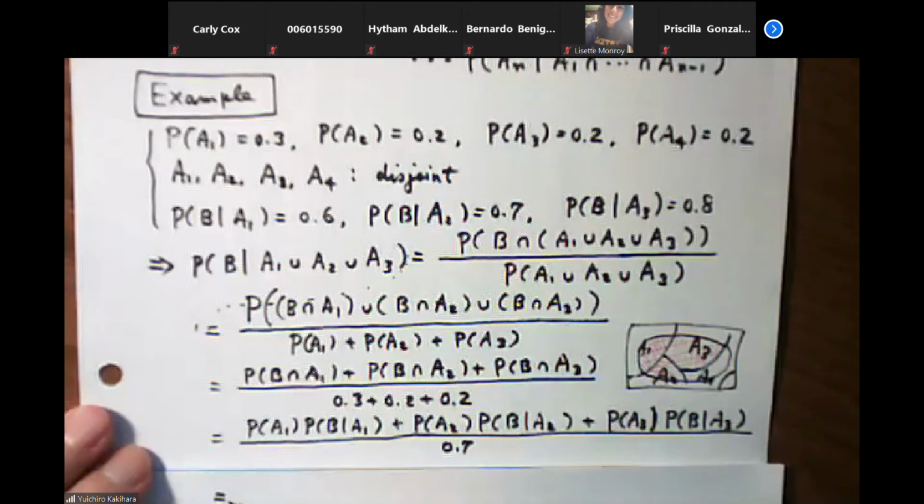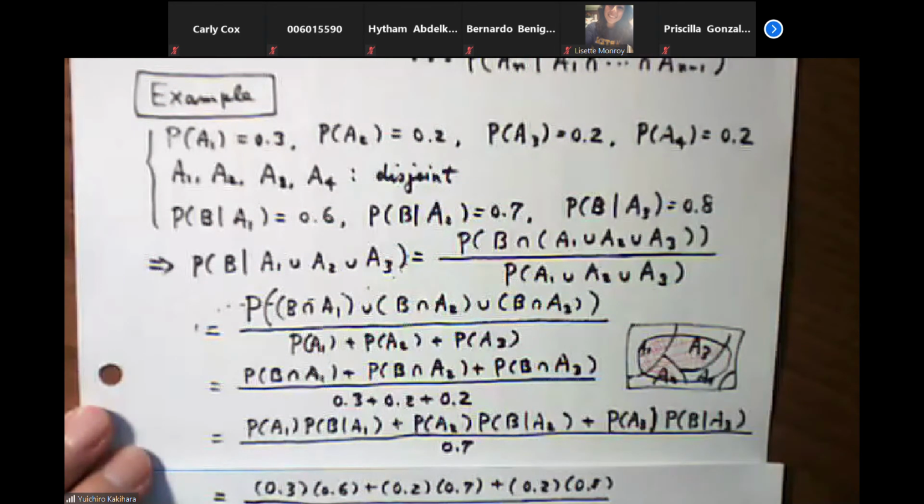So we can move on. Just a calculation. P of A1 is 0.3, times the conditional probability 0.6, plus A2 is 0.2 times the conditional probability 0.7, plus 0.2 times the conditional probability 0.8.